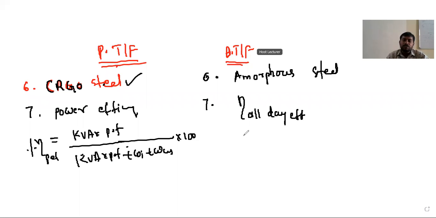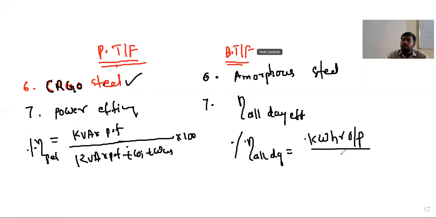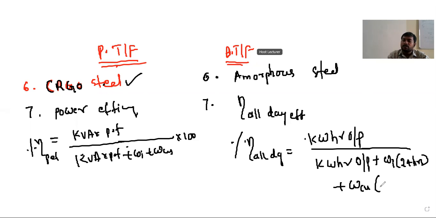And if you take all day efficiency, the percentage of all day efficiency is equal to kilowatt hour output over kilowatt hour output plus iron losses for 24 hours plus copper losses in load duration.